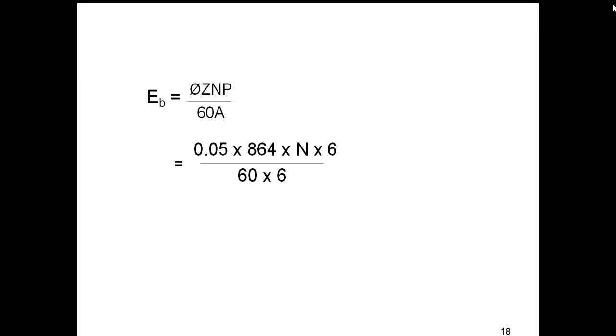From this we can find the value of N on substituting all the other known values, that is 0.05 into 864 into N into 6 by 60 into 6. Then we get the speed as N is equal to 636 RPM.